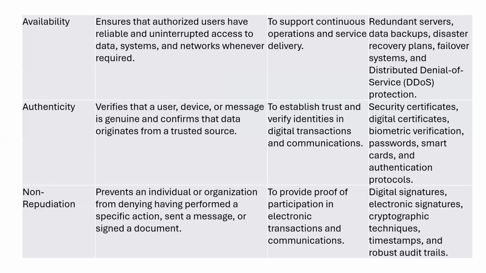So you have to support continuous operation of the service. You can achieve this with redundant servers and disaster recovery plans, putting all of these in place. A failover system and protection against distributed denial of service would all help so that you can have accessibility and availability.